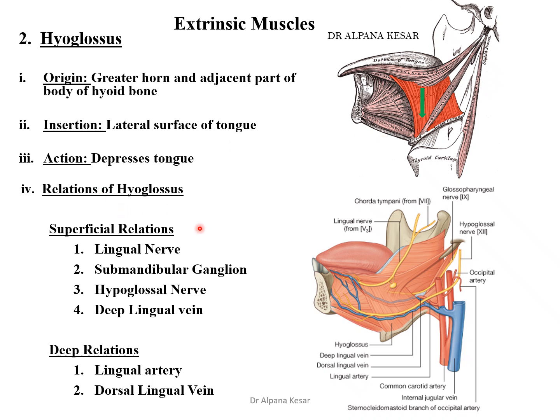Hyoglossus muscle has some important, clinically relevant relations on its superficial and deep surface. Its superficial relations are lingual nerve, submandibular ganglion, hypoglossal nerve, and deep lingual vein.